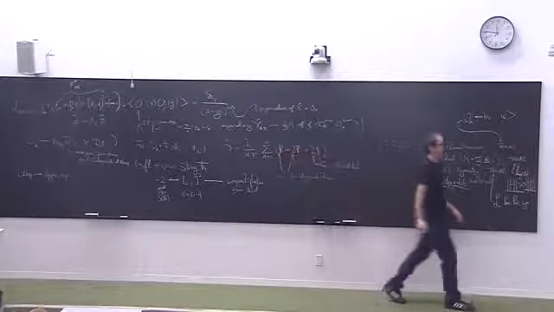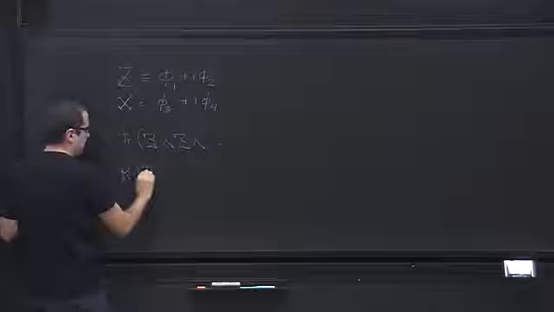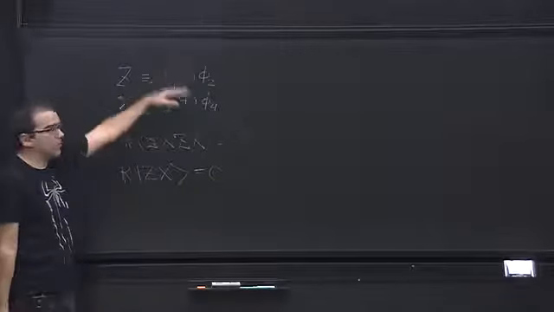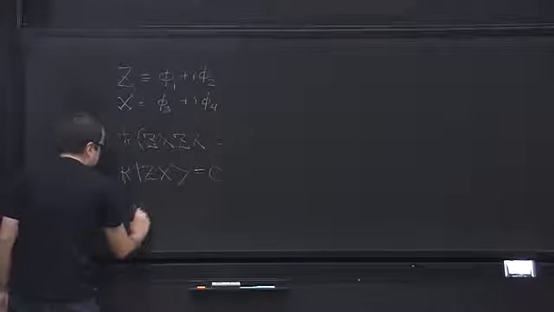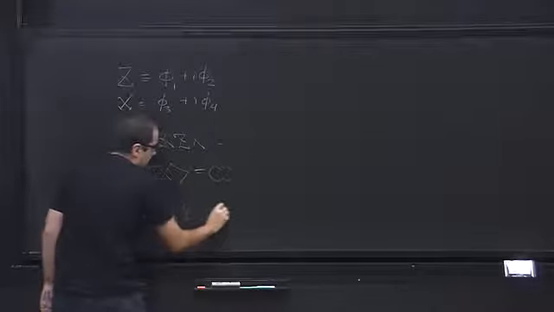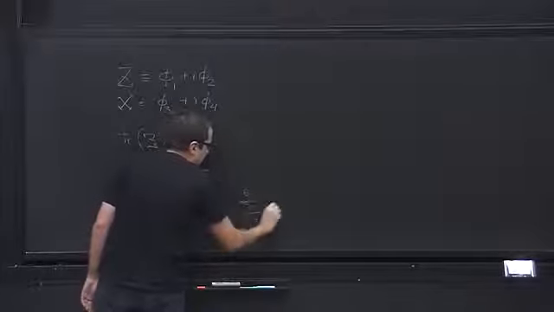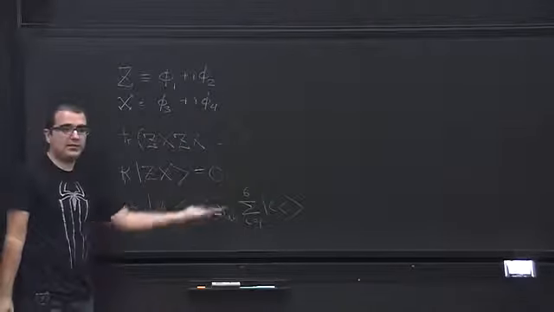So let's check what happens when we act with a trace. Clearly, trace acting on ZX is equal to 0. That's trivial because they don't have common fields. Remember that trace acting on phi_A phi_B gives delta_AB times the sum from C equals 1 up to 6. So if they don't have any field in common inside Z and X, of course the trace gives 0.